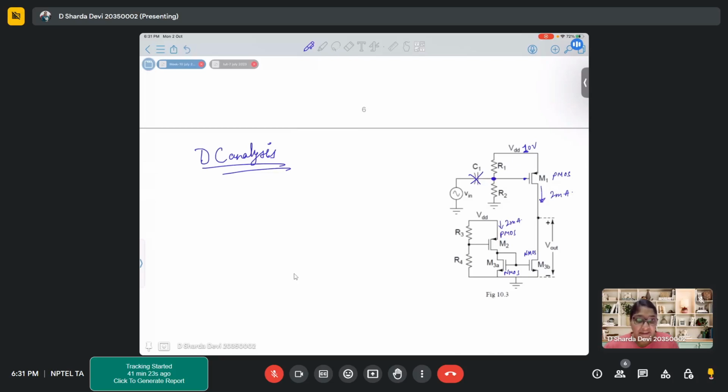So if M1 and M2 are matched and they are carrying the same current, that means R1 by R2 should be equal to R3 by R4, so that VG1 is equal to VG2. This is a must.